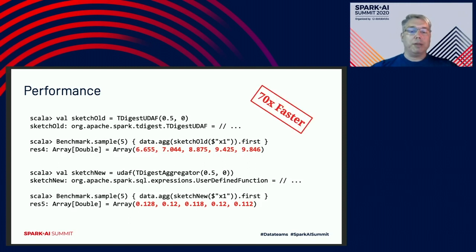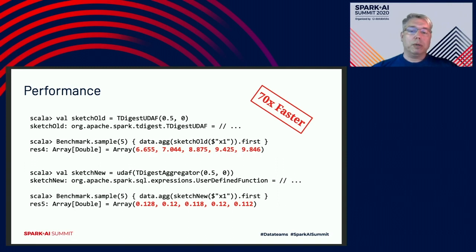If we do the math on these numbers, we find out that the new interface runs 70 times faster than the old interface. And I want to emphasize that this is doing exactly the same aggregation on exactly the same data. The only difference is the new interface allows us to do the aggregation only serializing at the boundaries of partitions. And that's where all of the 70 times speed up is coming from.